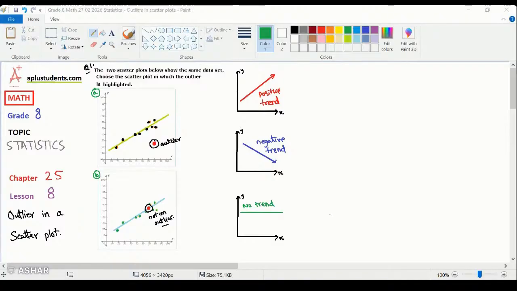The next question says, if the diagram is given to us, I'll just copy the diagram.